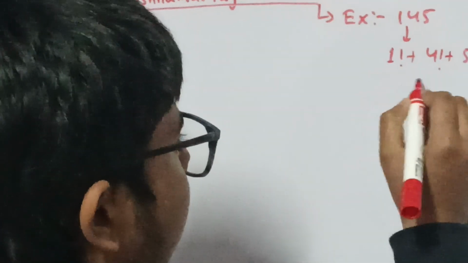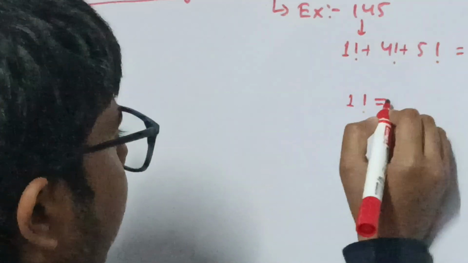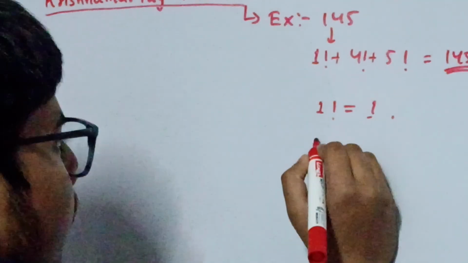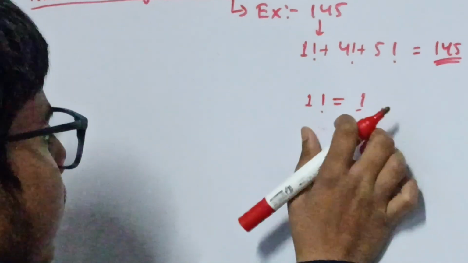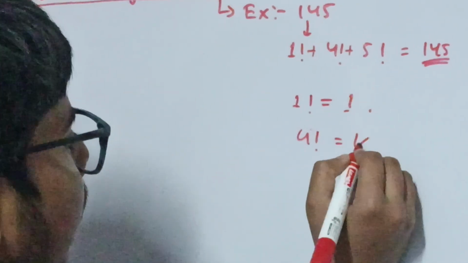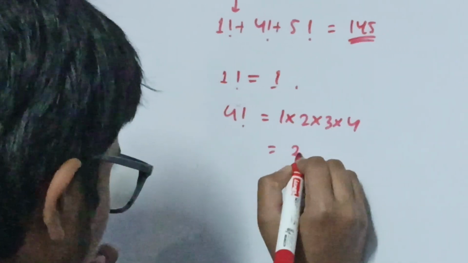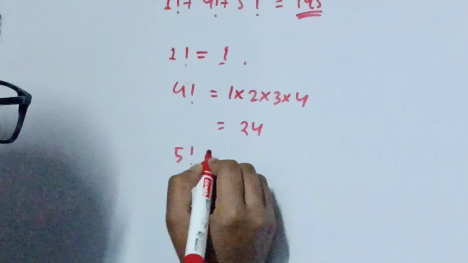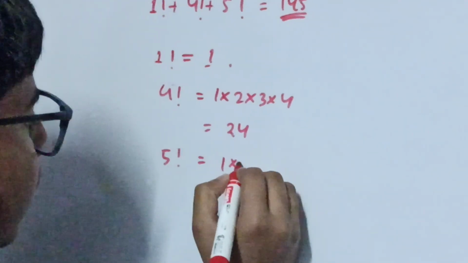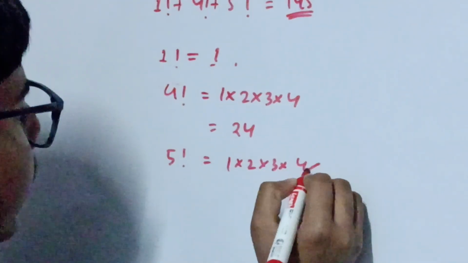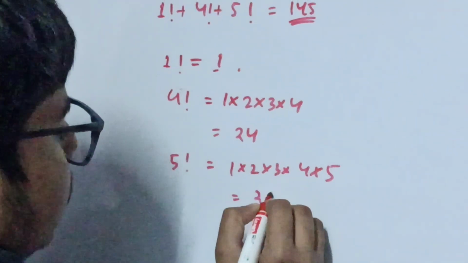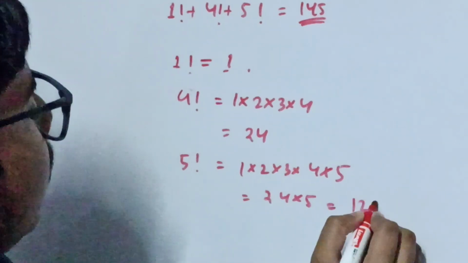So let's check. The factorial of 1 is 1. The factorial of 4 is 1 into 2 into 3 into 4, which means 24. The factorial of 5 is 1 into 2 into 3 into 4 into 5 equals 24 into 5 equals 120.